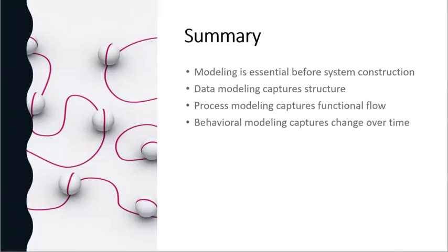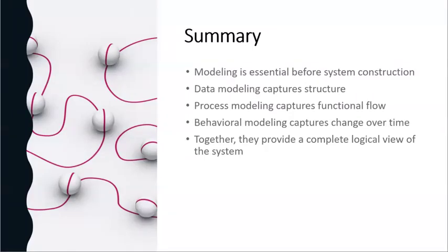So how do we summarize? Just a quick recap. We have looked at why modeling is necessary, right? And its role before we talk about the actual information system building. So modeling is not just about drawing diagrams for the sake of it. It's about thinking clearly before implementing.